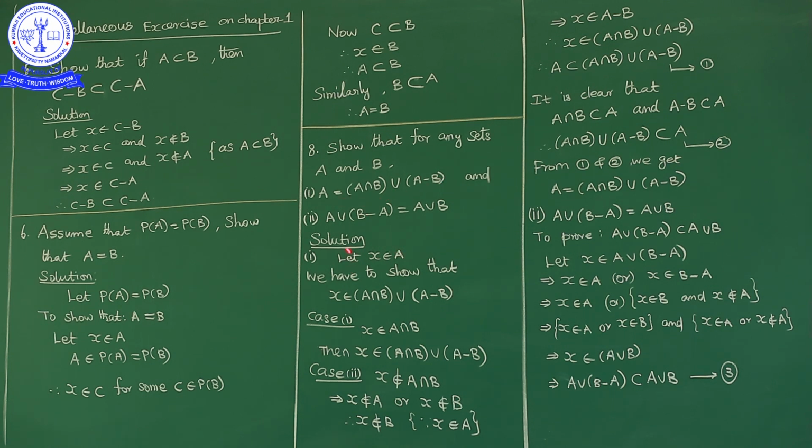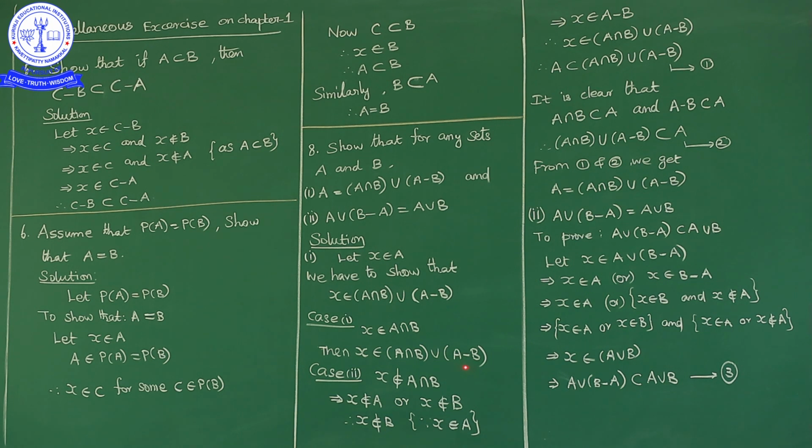Now x belongs to A, there are two possibilities. Either x belongs to A intersection B or x does not belong to A intersection B. Now suppose x belongs to A intersection B, then x belongs to A intersection B union A minus B also.